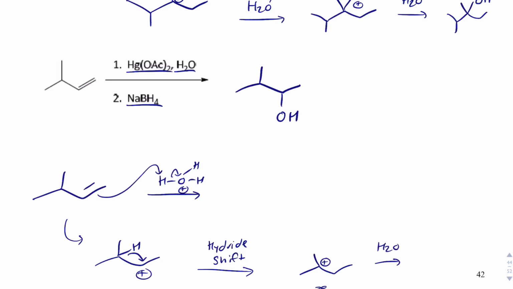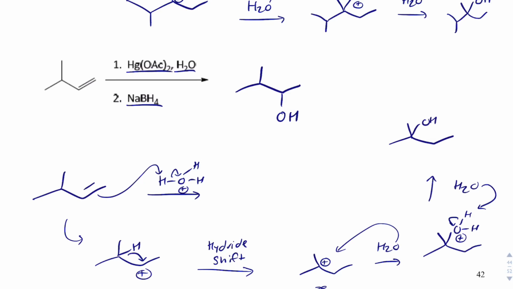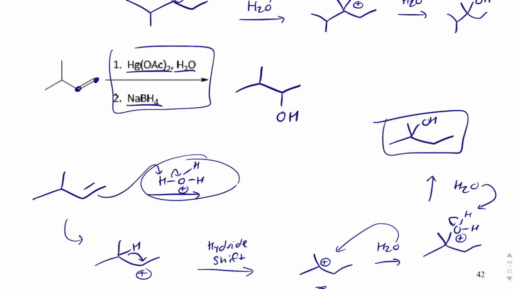Then water comes in. Water comes in again. We have plenty of water around, and we finally get our alcohol group. But notice with H3O plus, it's not on either of the carbons that were in that double bond. That's why this, in my opinion, if you don't want to think about hydride shifts or methyl shifts, is a far superior method because it doesn't have any rearrangements.